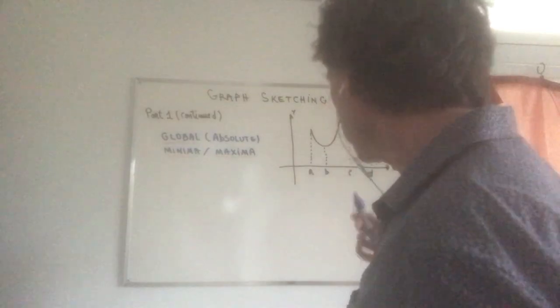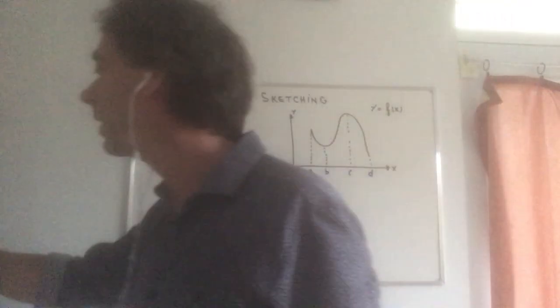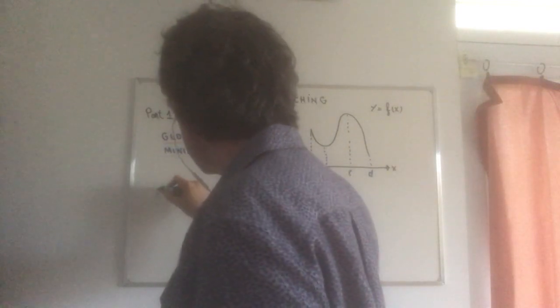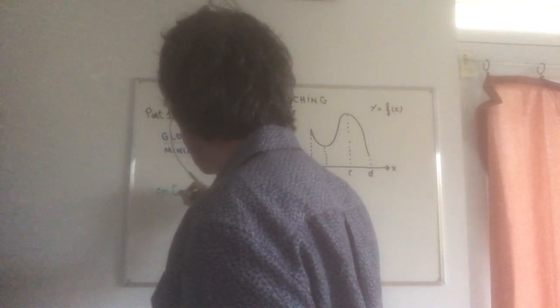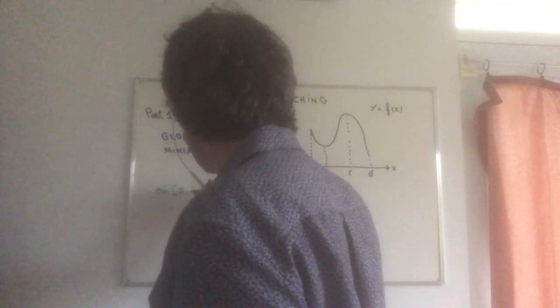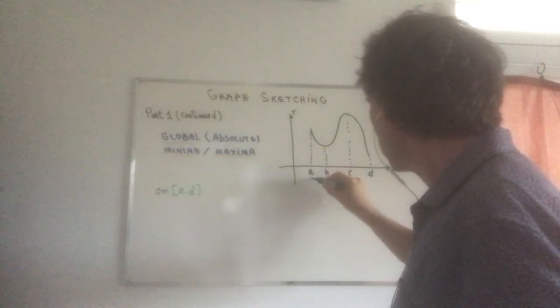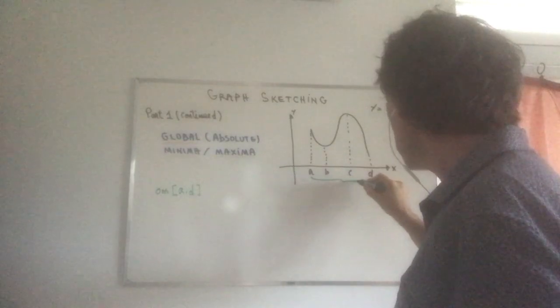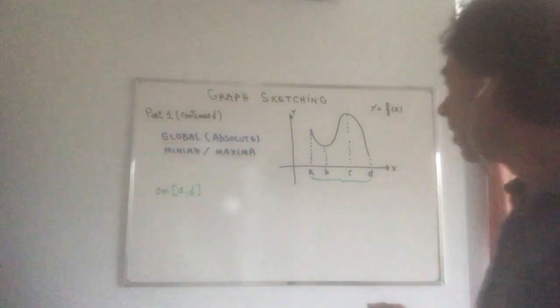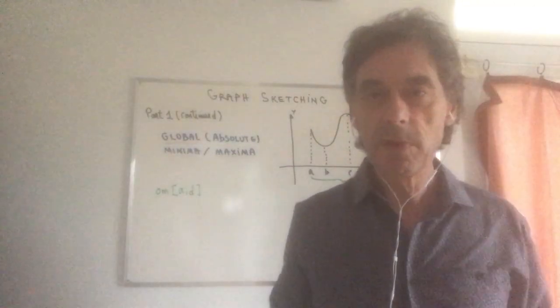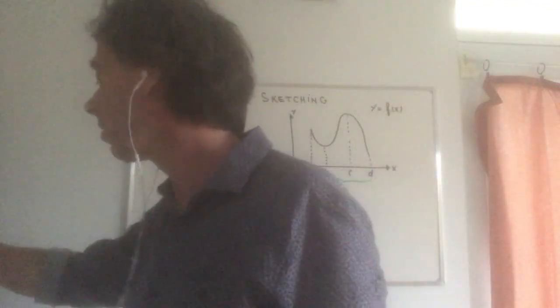Well, this graph can sort of instruct us in that matter. On the closed interval AD, so basically from here to here, there are a couple of very interesting points that we certainly recognize.